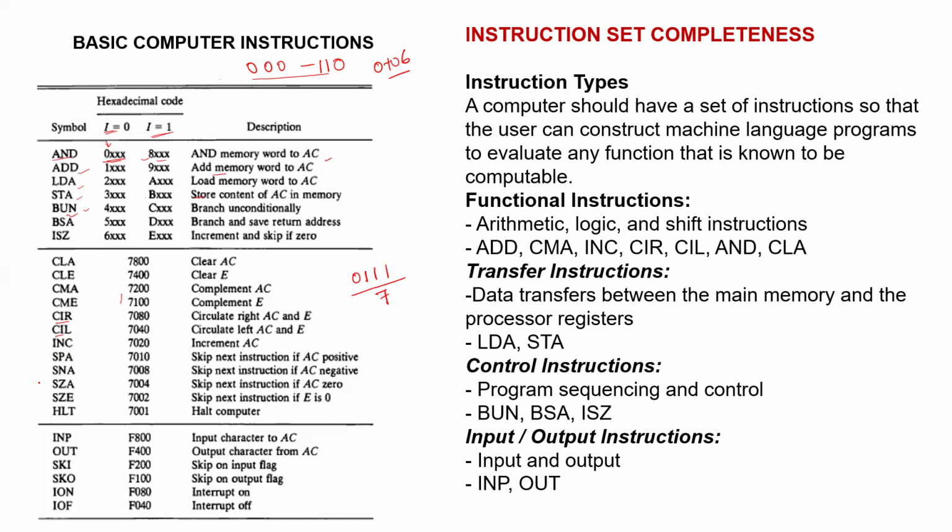SPA is skip the next instruction if the accumulator contents are positive, SNA is skip the next instruction if the accumulator is negative, SZA is skip the next instruction if the accumulator contents are 0. Here P is for positive, N for negative, and Z for 0. Next we have SZE, skip the instruction if E is 0. Here the last letter A means we are talking about the accumulator, and here the last letter E means we are talking about the E register. HLT is for halting the computer.